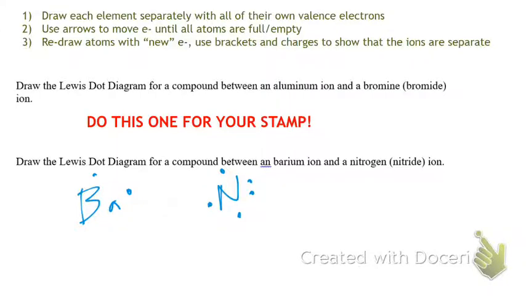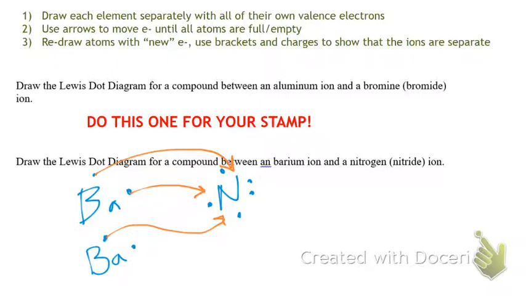Now I'm going to start moving electrons over, and this one can fill in this hole, this space. This one can fill in here, but I still have another space here that isn't filled. So I'm going to need another barium. So I'm going to draw another barium here with its 2 valence electrons. And now I can fill in that one extra hole that nitrogen had, but now I have an extra electron on this barium.